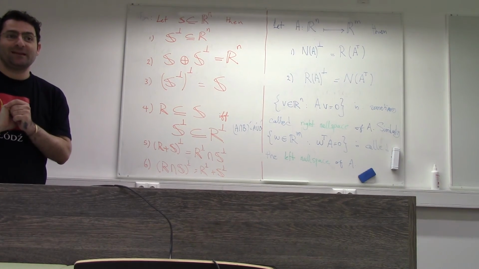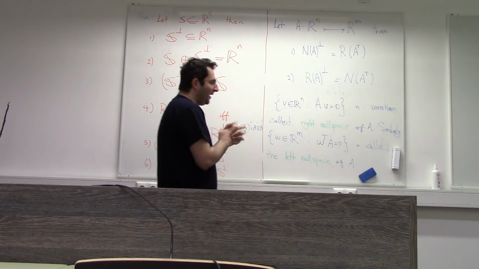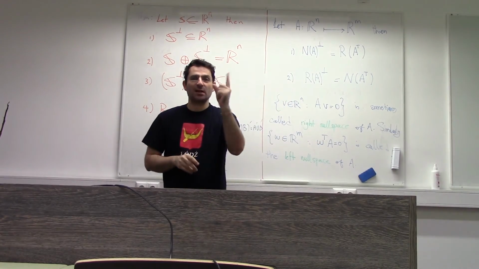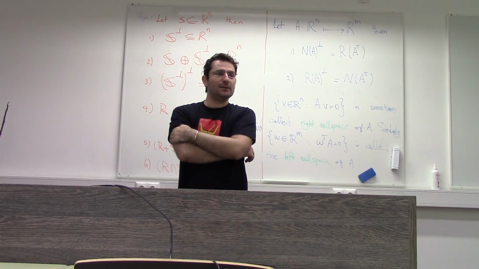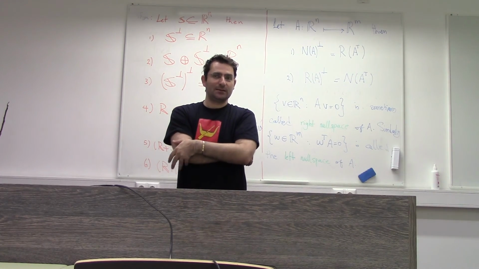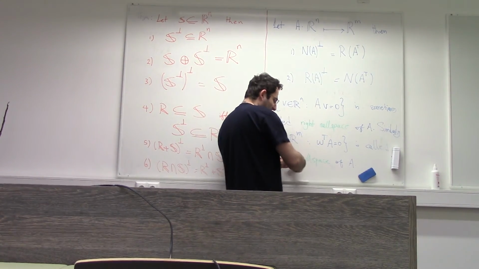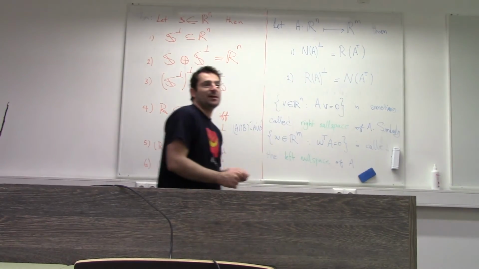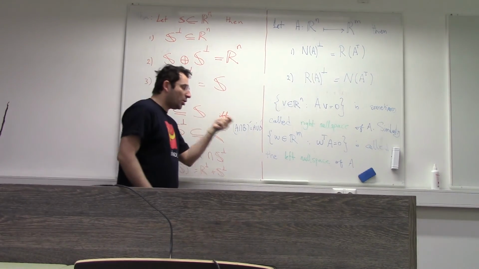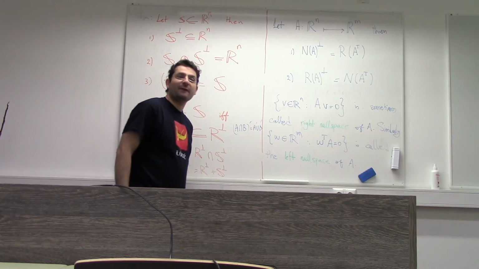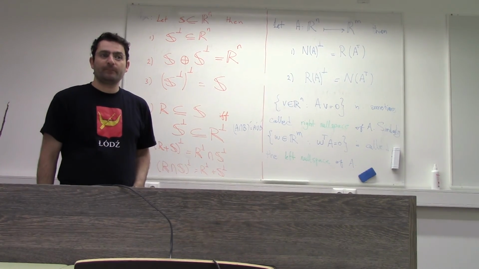However, W is considered as not right null space of what? W is left null space of A. But I can say at the same time that W is the right null space of A transpose.